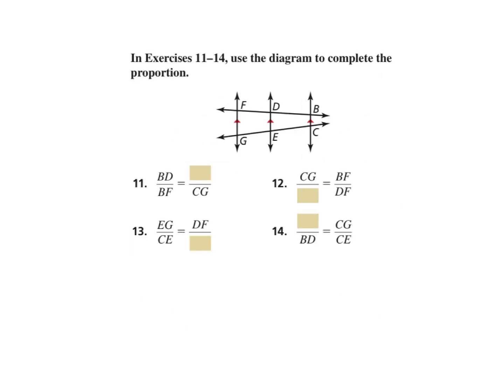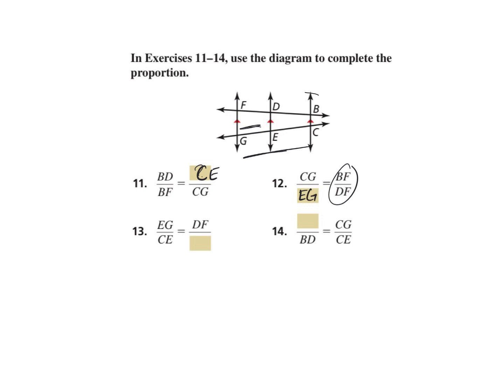Now here we go. BD is to BF, the total length, as something is to CG, the total length. Well, that would be CE. All right, now erase that, and we'll do the next problem. Number 12, CG, the whole length, is to something as BF, the whole length, is to DF, the smaller one. All right, so that means CG must be to EG.